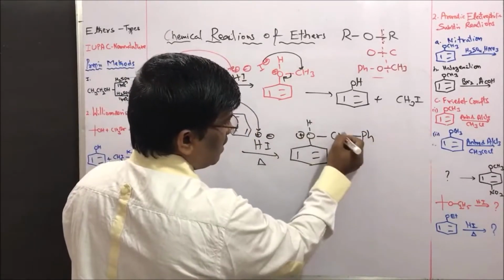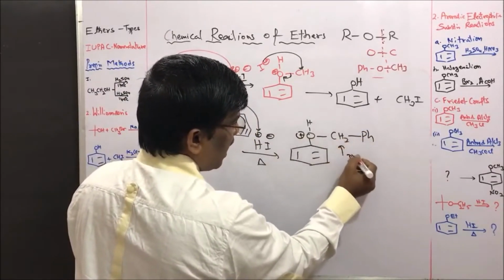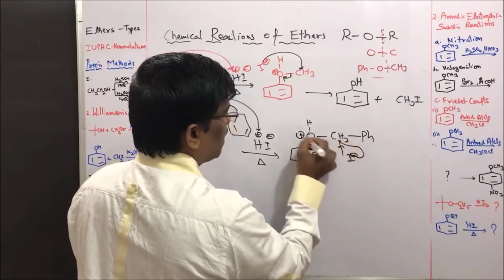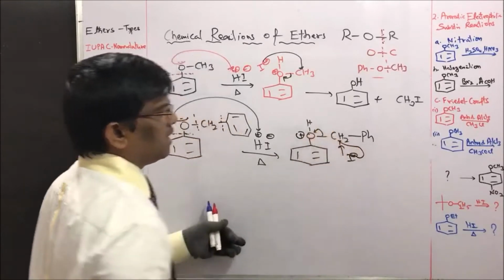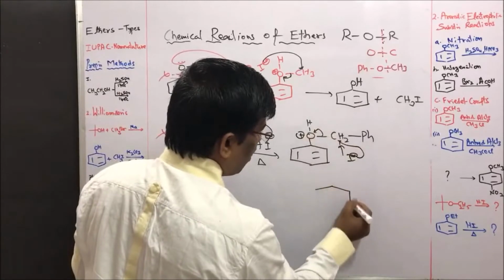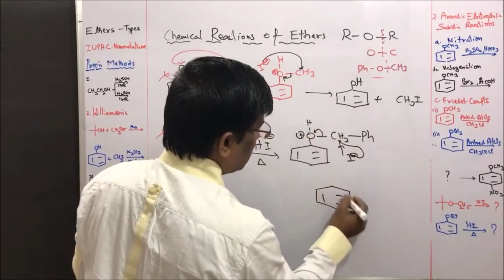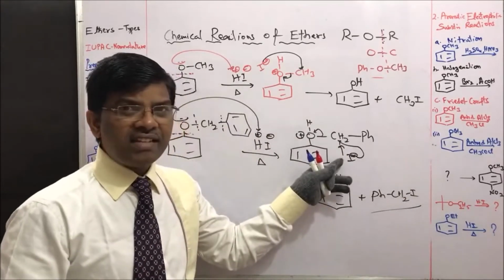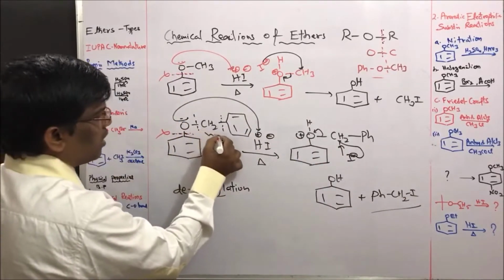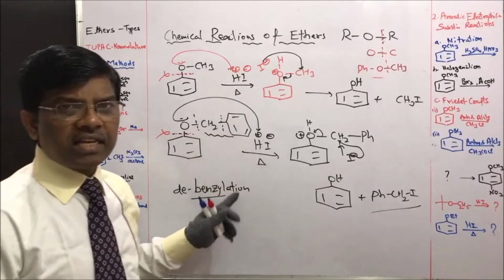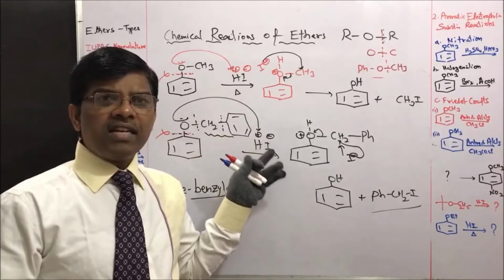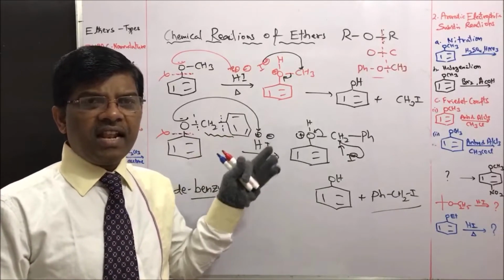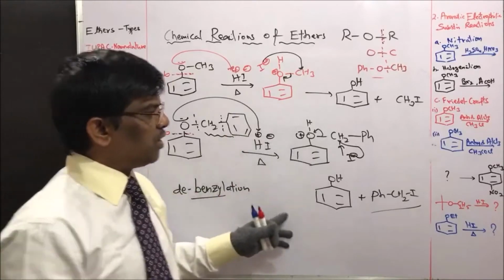It is easy for iodide to enter from this side and lose this, and I get phenol, and also phenyl CH2 iodide. This is debenzylation, since this is the benzyl group. So debenzylation can be done using concentrated HI, HBr or HCl under heating conditions to give phenols.